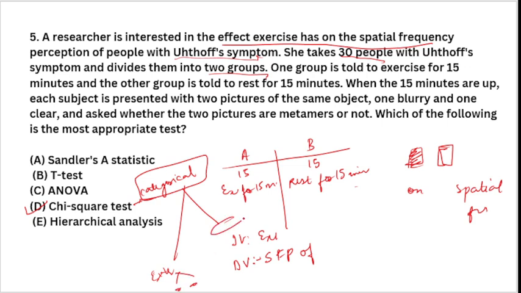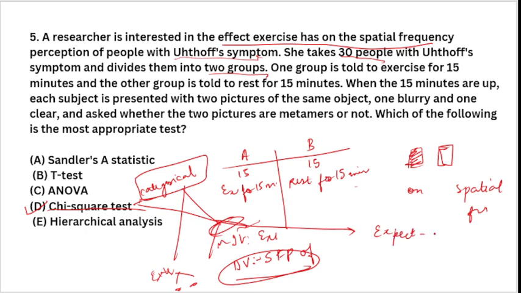Then the DV is also measured in a categorical way, which was metamers or not metamers. So these types of tests are chi-square tests. What do we see in the chi-square test? We see our expected score and our obtained score. Let us understand it on the next page.